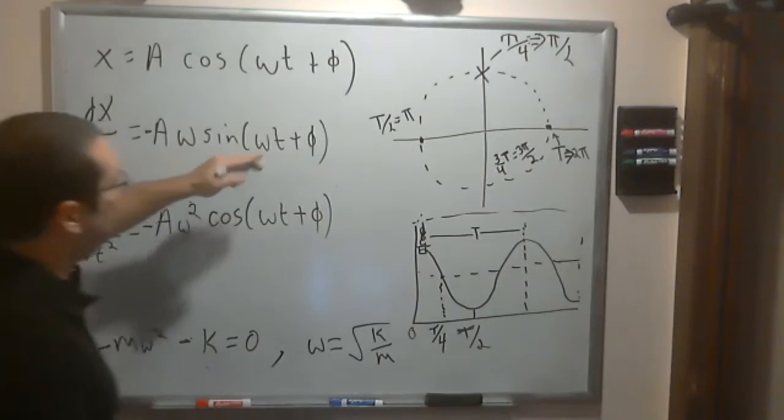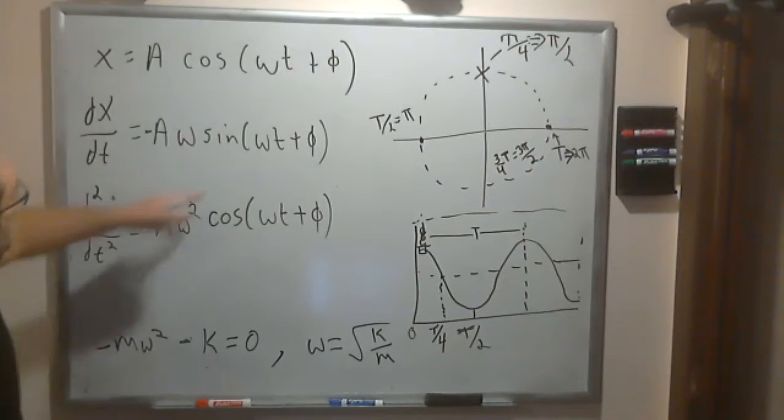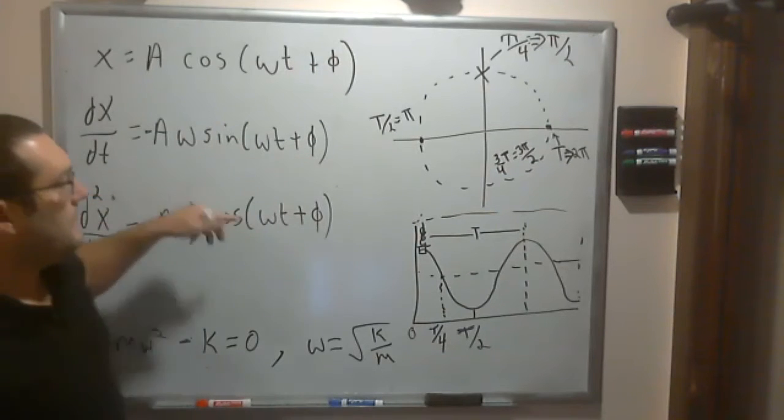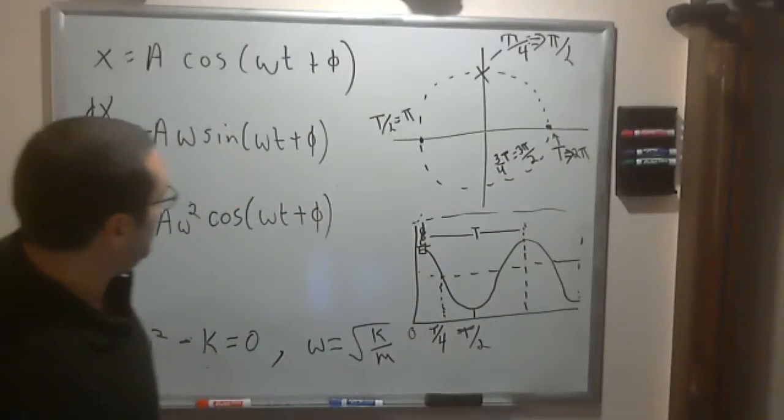So we have these terms inside of the trig function, and this tells us where we are along this position.